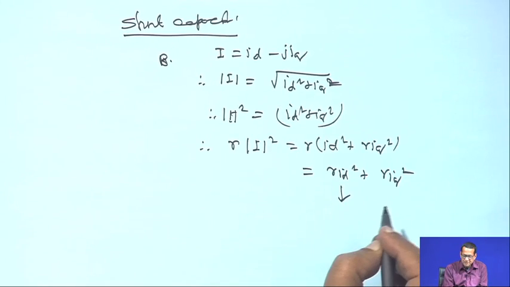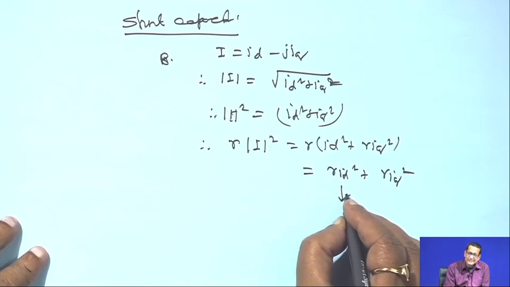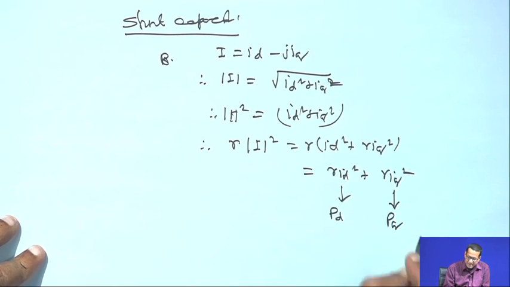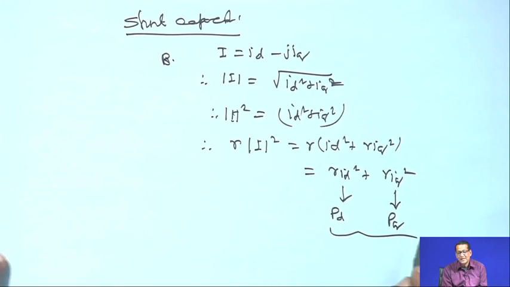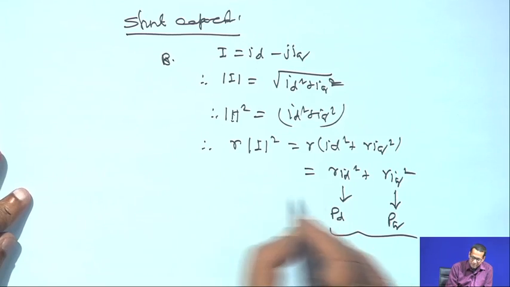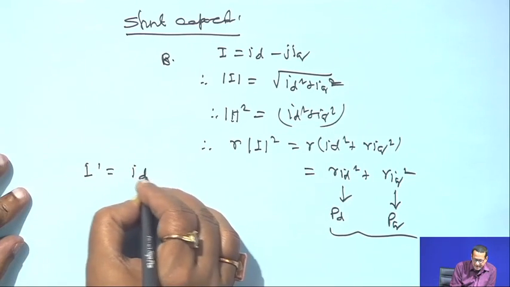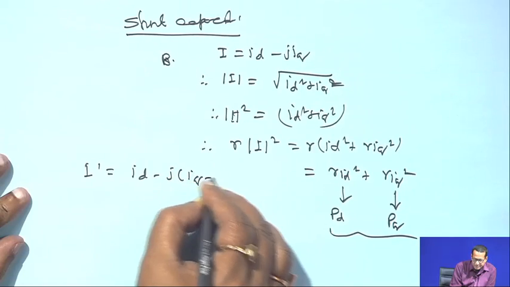This part we call the d axis component, say P d, and this part is P q. Now if you put the shunt capacitor, then the current becomes I d minus j I q minus I c.